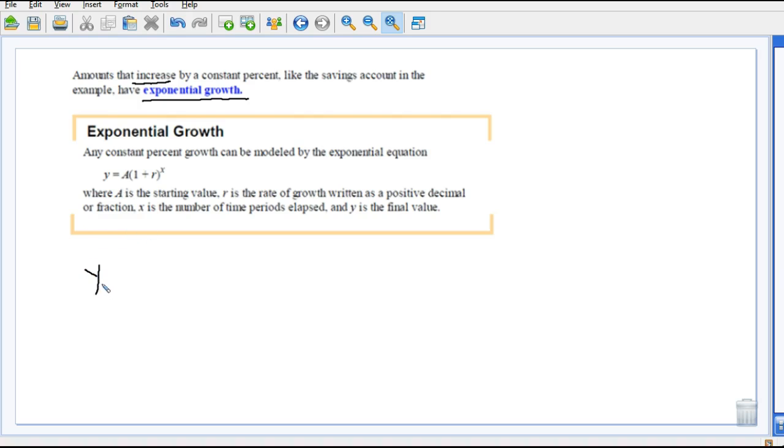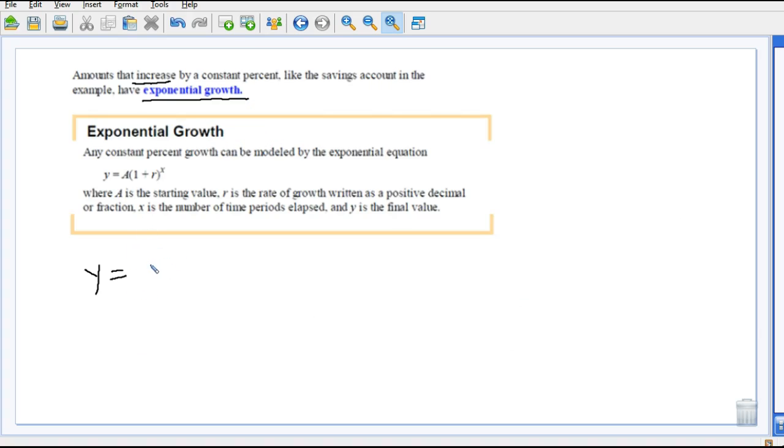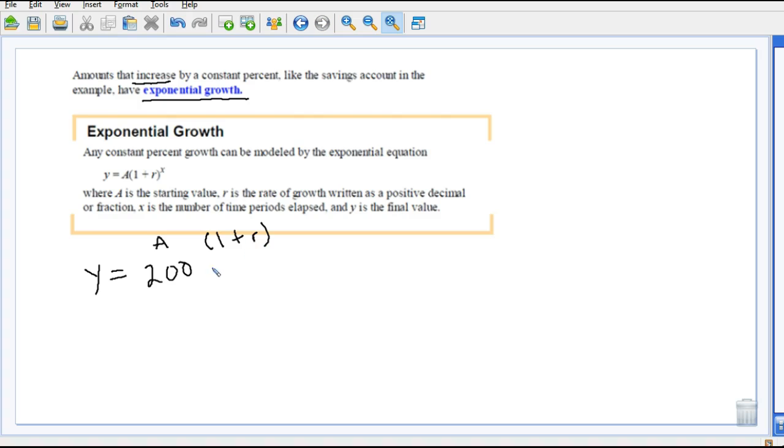Seth started off with $200, so 200 was my a, and then it was 1 plus r. The rate was 5%, so it's 1 plus 0.05, to the x.